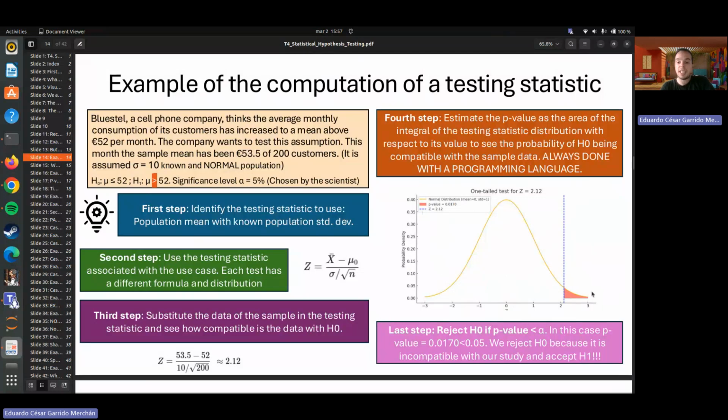Why? Because we say that this statistic, this formula that you can see, is just a theta value, a statistic that we saw in the statistics subject. Remember, the sample mean is a random variable. So this is the sample mean minus the mean parameter, here in this case 52.